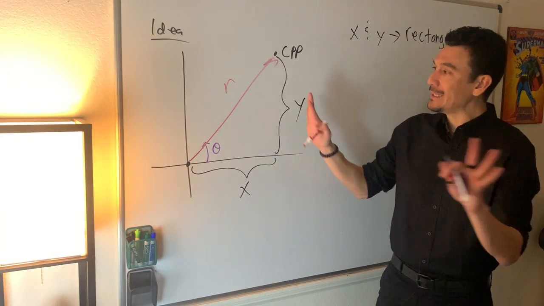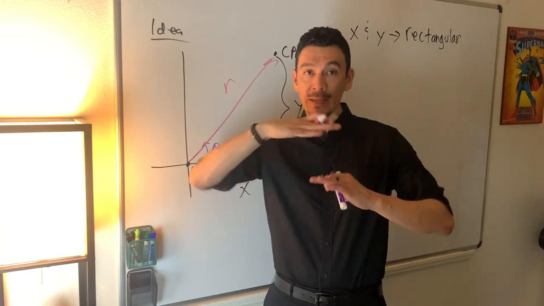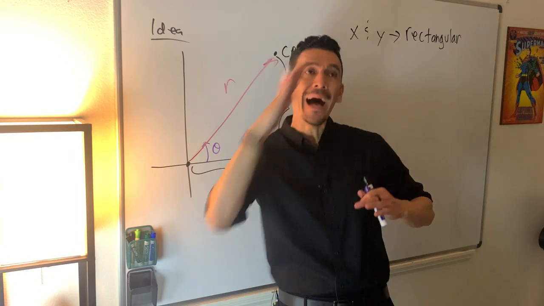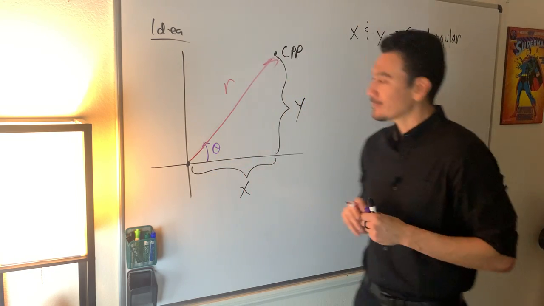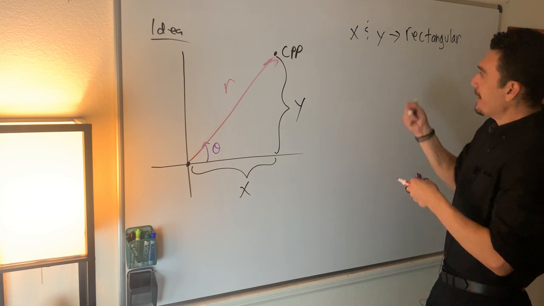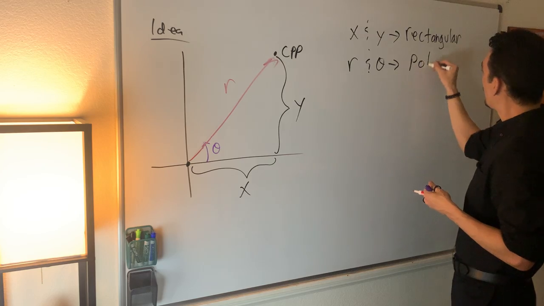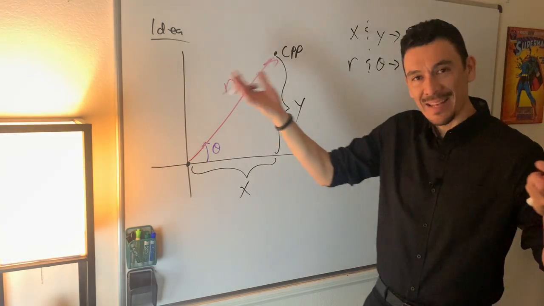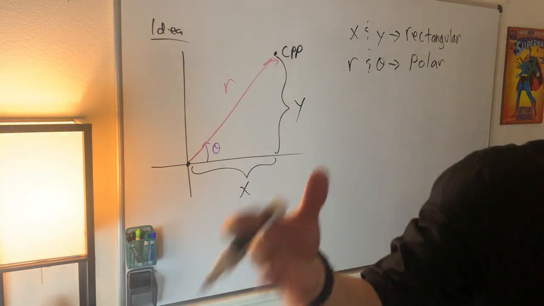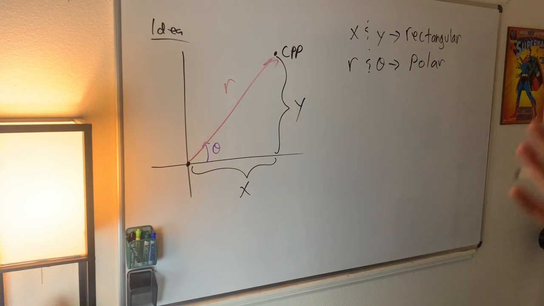So this is a completely different approach. Instead of x and y, we can open an angle and then go out r spaces. So x and y is rectangular, and r and theta, that's what we call polar, which is the name of this whole lesson. It's a movement that's polar in nature.